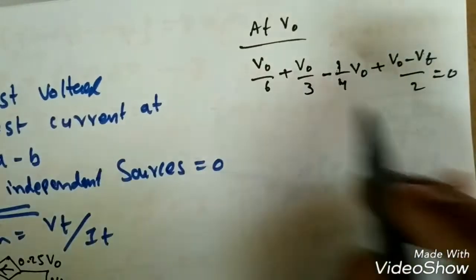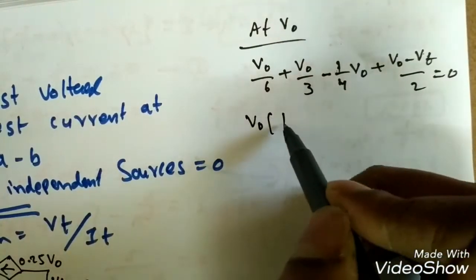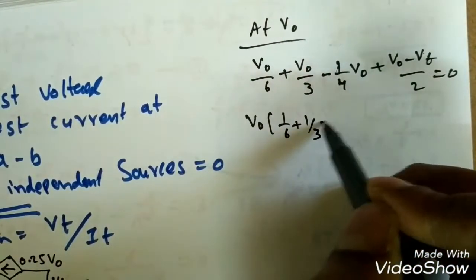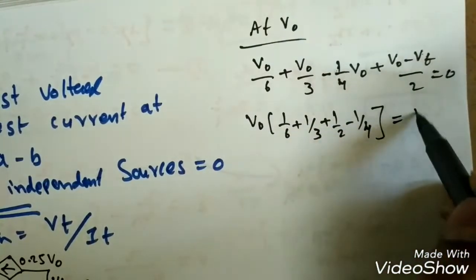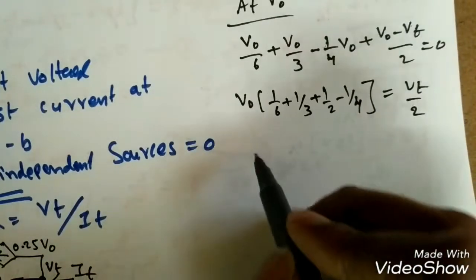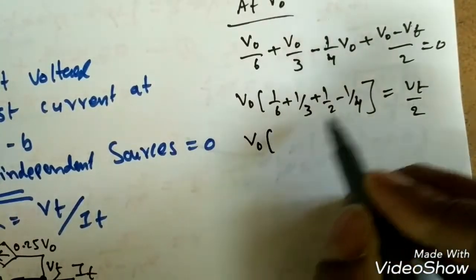There is no dependent source. So directly V0 times (1 by 6 plus 1 by 3 plus 1 by 2 minus 1 by 4) is equal to Vt by 2.